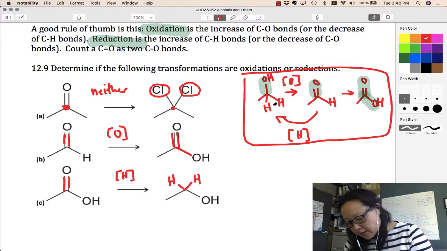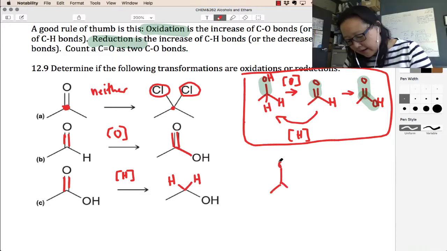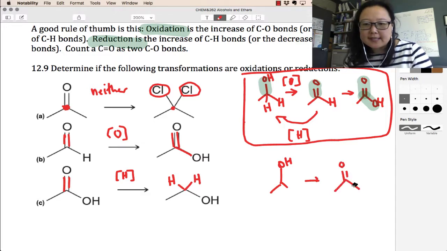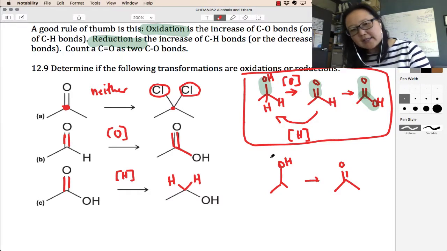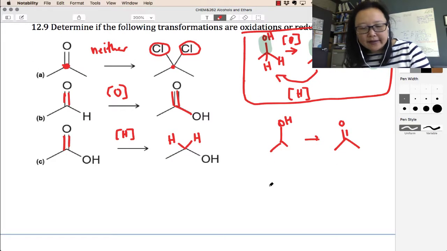You can also have a secondary alcohol, but it has oxidation only to a ketone. It doesn't have the ability to break the CC bonds, only the CH bond to put an oxygen in there. So just be aware: oxidation is secondary alcohol to a ketone, reduction is ketone to a secondary alcohol.